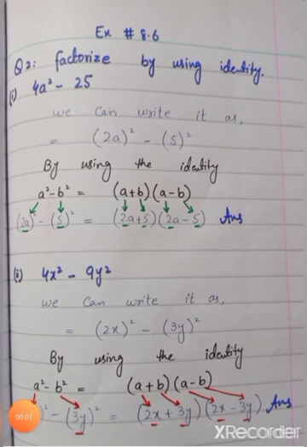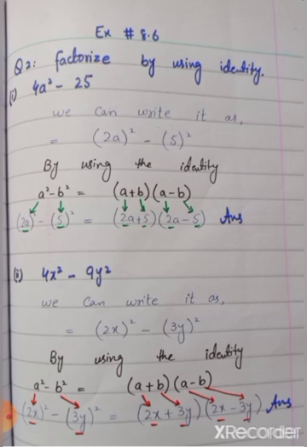And for the second term, the number which when multiplied by itself gives 25 is 5, because when we multiply 5 2 times, then we get 25. So we can write it as 2a square minus 5 square, by using the identity that a square minus b square is equal to a plus b multiplied with a minus b.